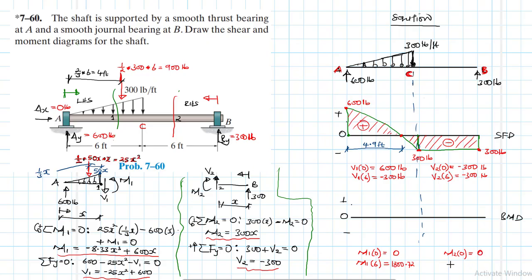We don't expect any moment there. And then what is the moment when x is equal to 6 feet, 6 feet again from B towards C? All right, so let's plug in our value. It will be 300 times 6, and this gives us 1800. Right.